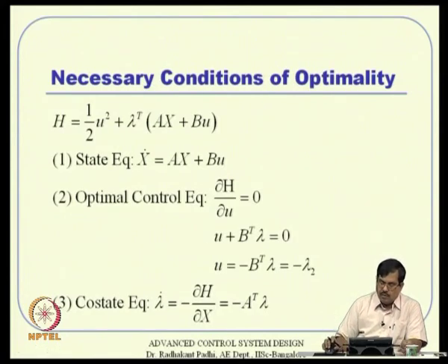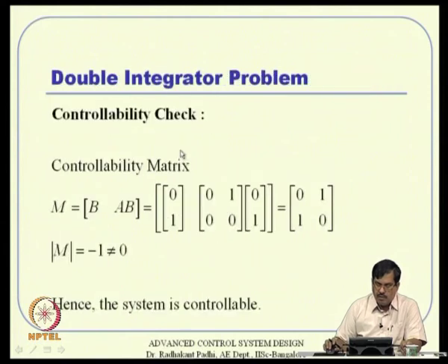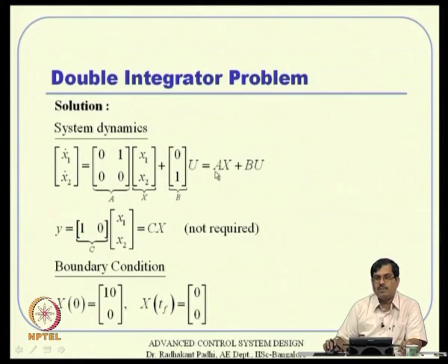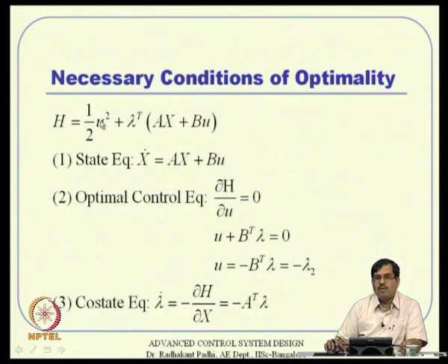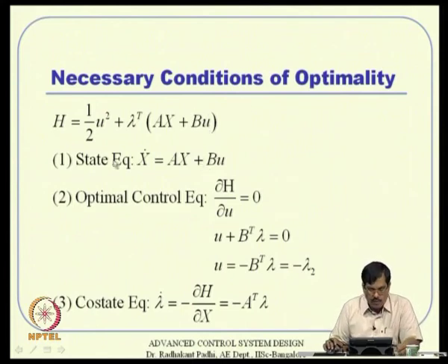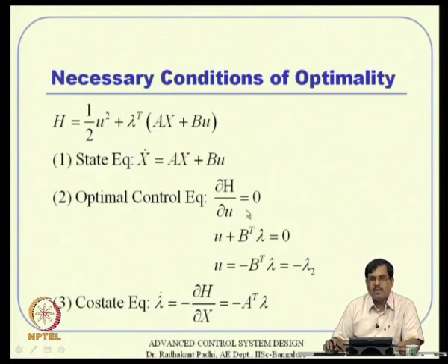Now, the necessary conditions of optimality. First thing is the Hamiltonian. Remember that half u squared is coming from L, so the Hamiltonian is L plus lambda transpose F, where F is Ax plus Bu. The necessary conditions of optimality are essentially three things: the state equation, the optimal control equation, and the co-state equation. The state equation we already know. The optimal control equation is del H by del u equal to 0.